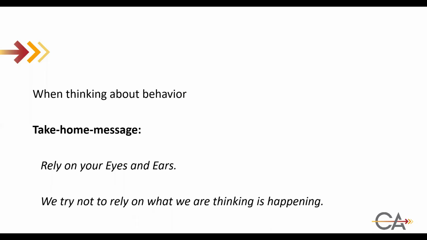We try not to rely on what we think is happening. So I always ask myself, how do I know this is happening? How do I know they're sad? How do I know they're angry? How do I know they're tired? If you can answer that how question, that is the start of your definition. Because we want to be able to measure that change, or see when that behavior is happening versus when that behavior isn't happening.